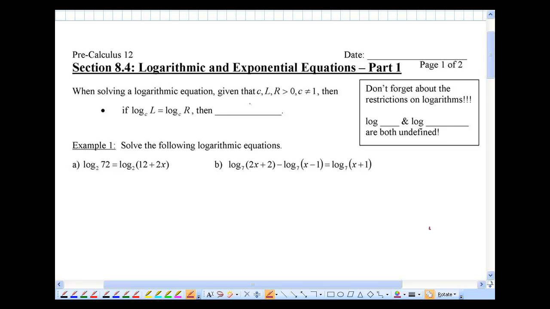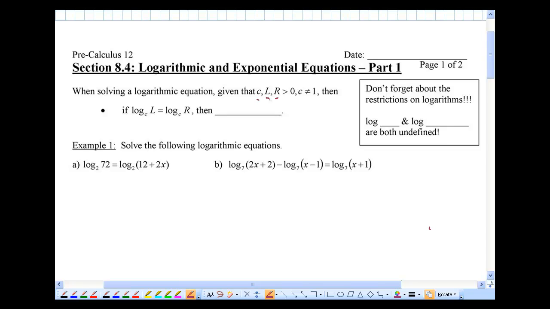Now notice when we have a logarithmic equation, of course, there's logs on both sides of the equal sign. What we're saying here is given that C, L, R, all three of these things have to be bigger than 0. And C, the base, can't be equal to 1. Then what you see is this.